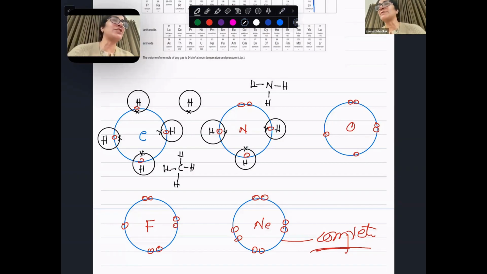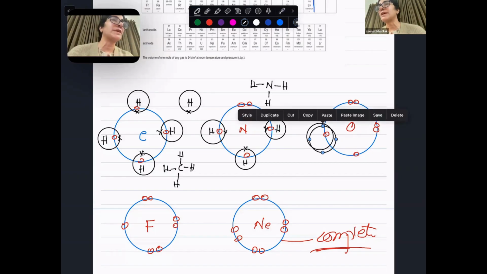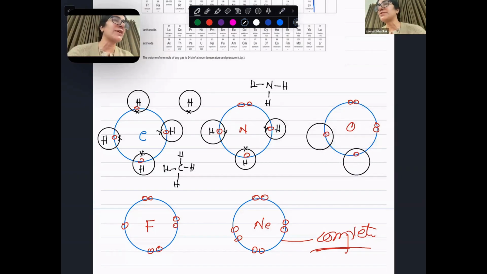What about oxygen? 1 hydrogen and another hydrogen makes H2O. There are 2 hydrogens bonded to oxygen, so HOH.